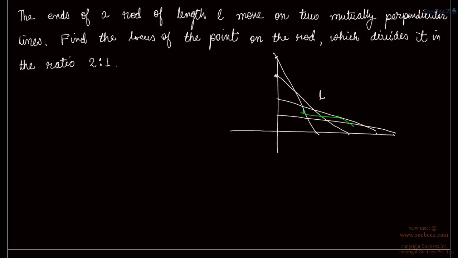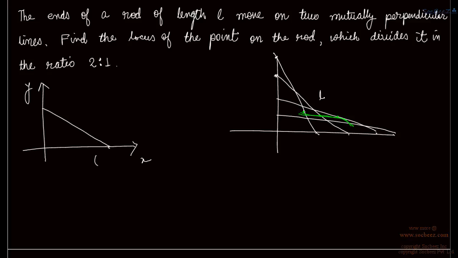That is the locus of a point. So the rod is moving and this point is also hence moving. So we have to find that geometry, that expression which relates that geometry. So let's begin. Let's take these two perpendicular lines as the x-axis and y-axis in coordinates, and we have a rod.